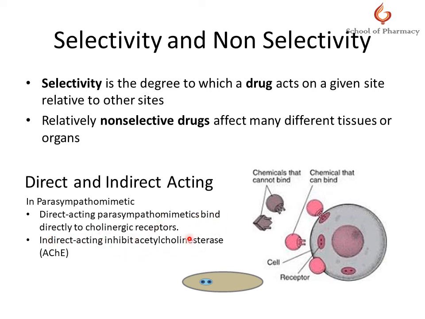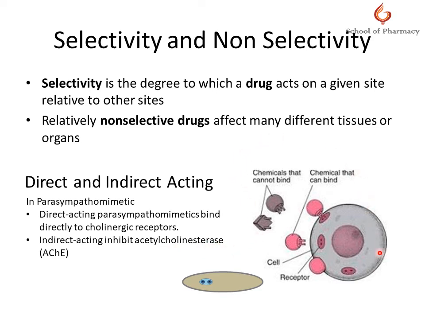They work on acetylcholinesterase, and then the acetylcholinesterase will not hydrolyze the acetylcholine, so it is known as an indirect acting inhibitor of acetylcholinesterase.